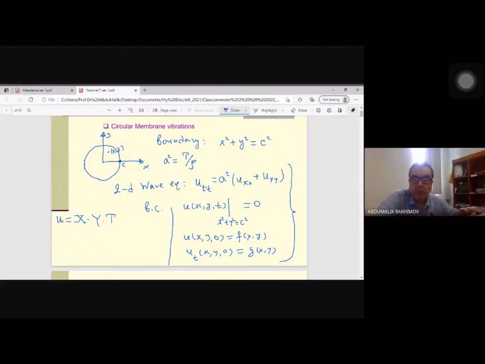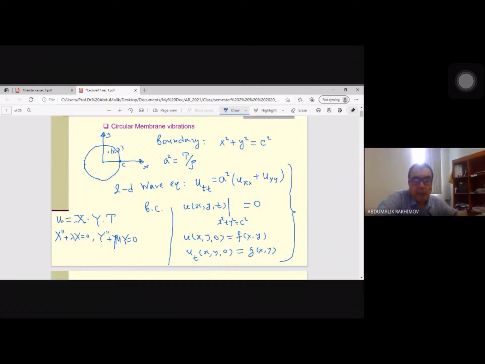With the shape of the plate. So you will have three equations, right? One equation for X: X double prime plus lambda X equals 0. For Y, we have the equation Y double prime plus mu Y is equal to 0. And we have an equation for T, right?